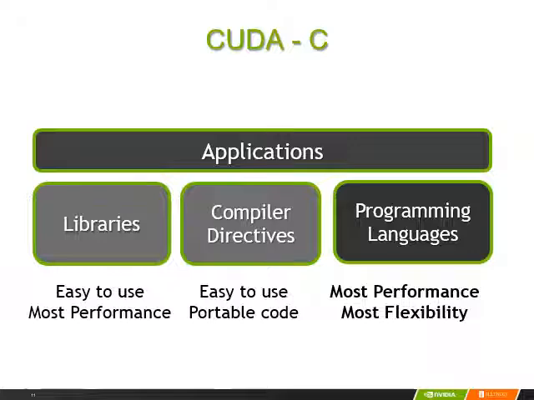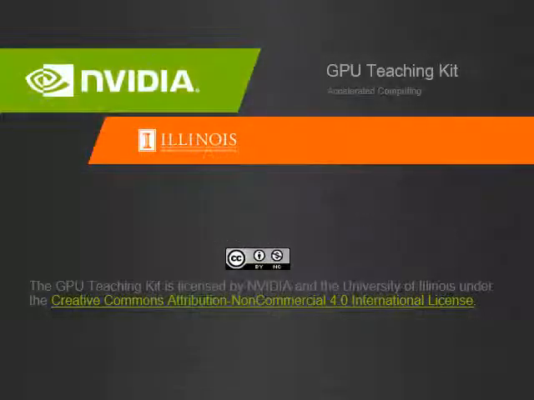Once you understand these skills, you can start to write very high performing GPU code. And then it will also be very easy to understand the effective usage of these other approaches. Module 2.1. Thank you.